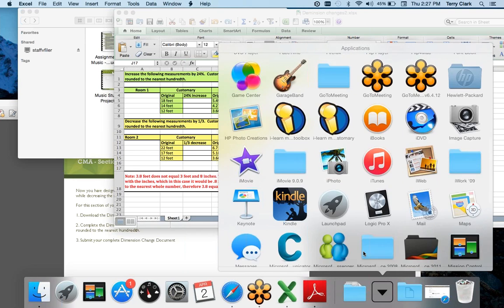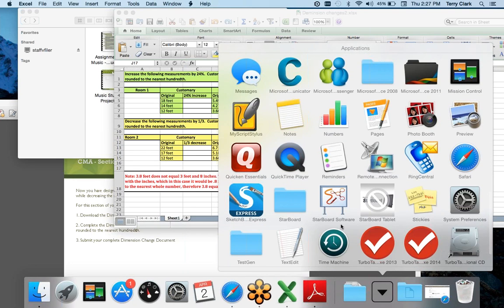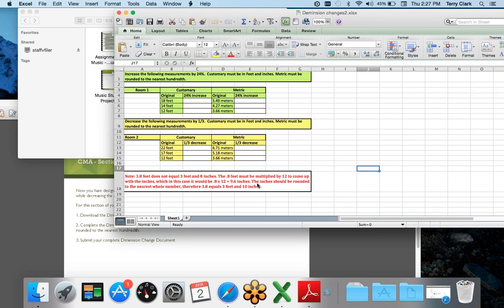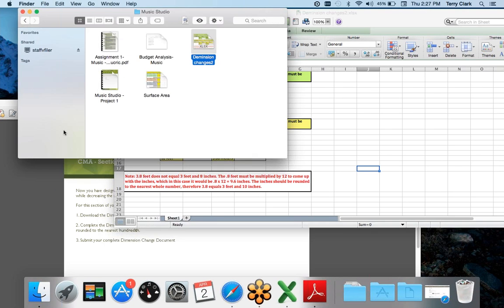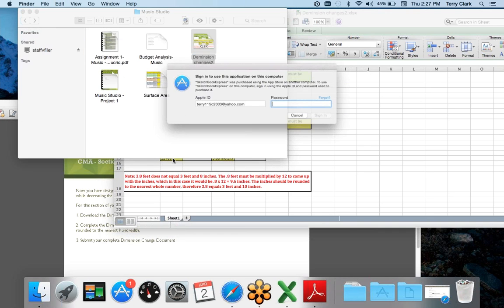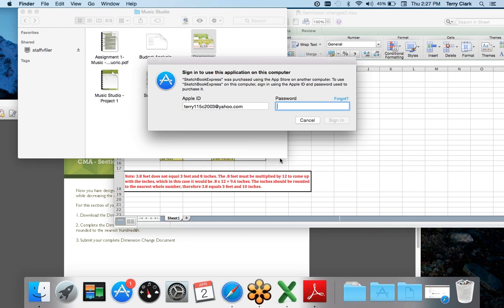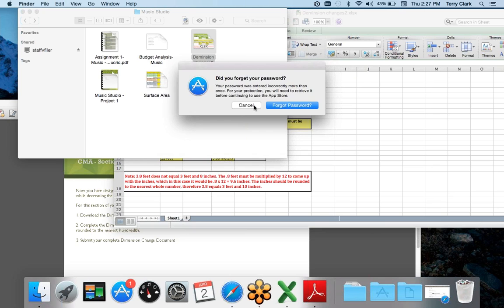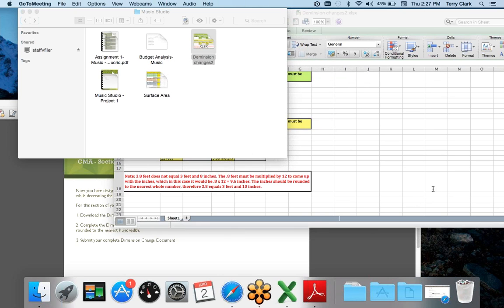Um, Sketchpad. Why is it not pulling? Why is it doing that? Was purchased using Apple Store on another computer? Oh, why is it not on here? Okay. Okay, I may have to do that at the end. Cancel this. Okay, let me do that at the end then because it's not letting me do it. Okay, well, let me do it here in the box.